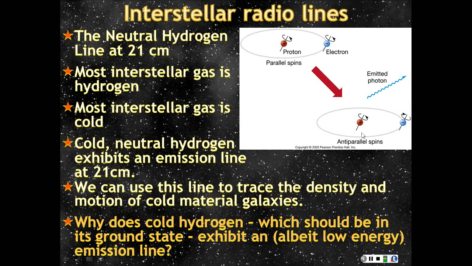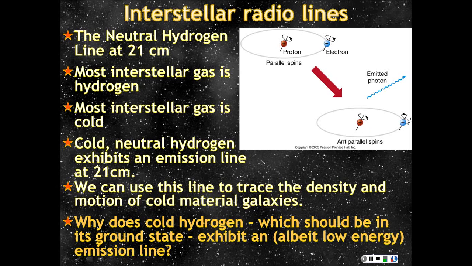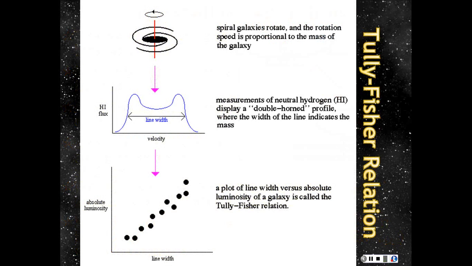The proton is still spinning this way, but now this one's spinning the other way. And that makes it very slightly lower energy. The electrons will spontaneously do this, and so you get a photon emitted. Actually, one photon doesn't help you, but there's a lot of hydrogen out there, and so we can see the emission from this hydrogen. So what you get is this spinning disk.